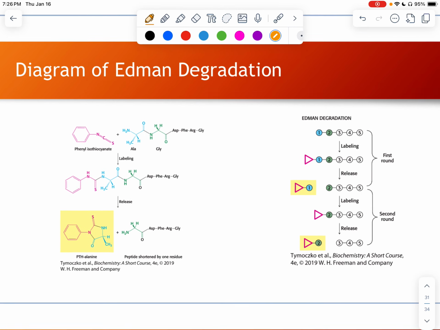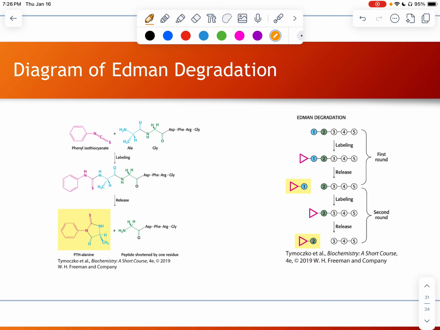Essentially, what we are doing in that process is we are taking this phenyl isothiocyanate right here, and essentially what we're calling labeling, we're binding it to the N-terminal of our polypeptide. And so that's what we see right here.